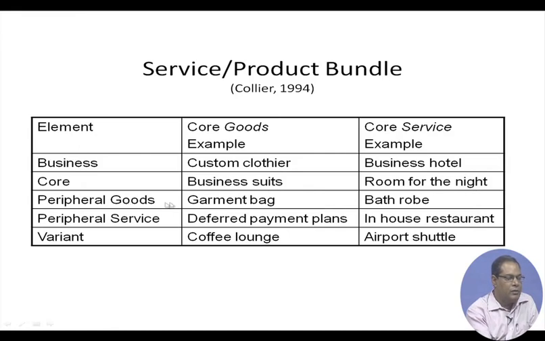The peripheral goods are a garment bag or bathrobe. The peripheral services are deferred payment plans or an in-house restaurant, and the variants are the coffee lounge or the airport shuttle. So for different kinds of goods and services, there are these different elements: core, peripheral goods, peripheral service, and the variants.